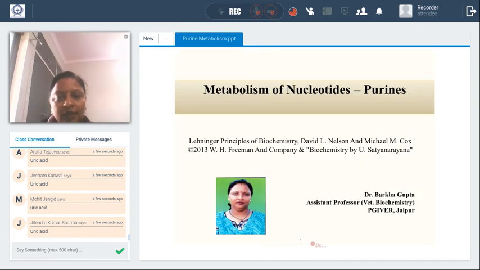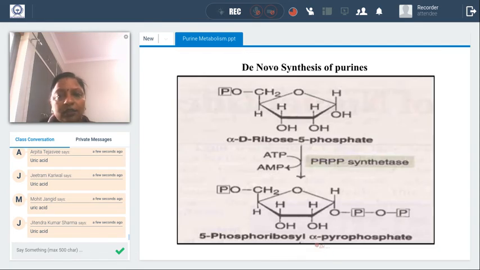So we have two processes. First is the de novo synthesis of purines, mainly in the liver, in the cytoplasm of hepatocytes. The main precursor of the whole purine is ribose 5-phosphate, from which we get PRPP.